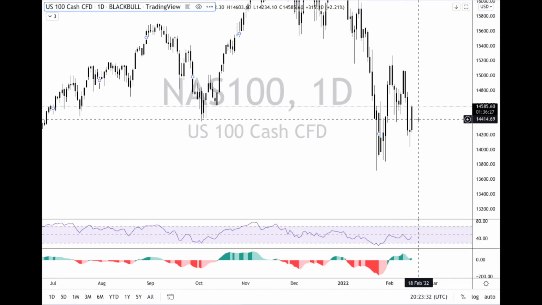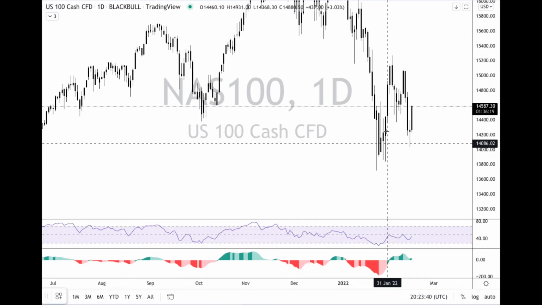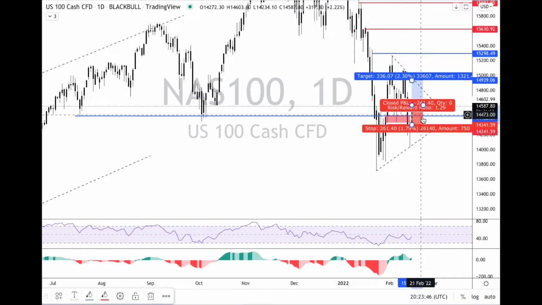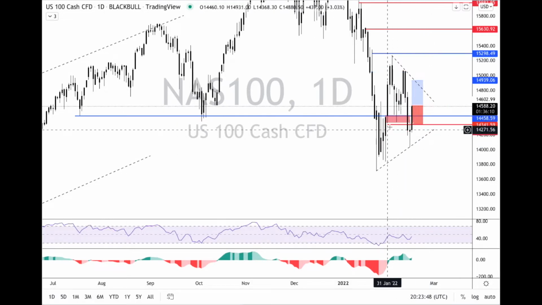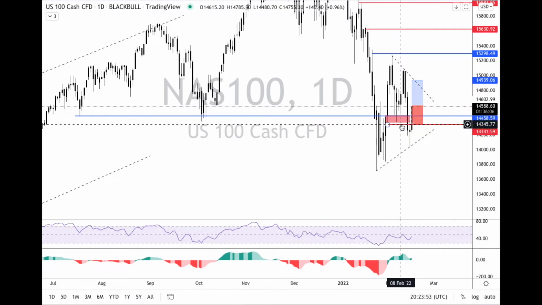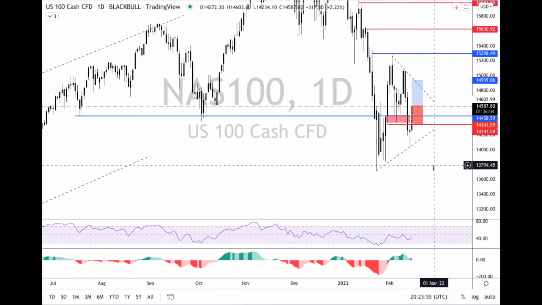It will do a pullback, which is what I've got to be mindful of. The pullback, the red area for me, is this zone right here, the zone I've just drawn. That's the red zone for me, and that's where I need my stop to be, and that's where market is right now.